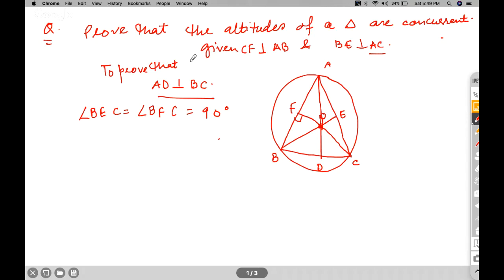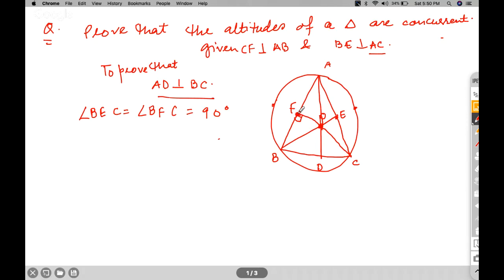Now try to understand, if I draw a triangle like this, it will not be possible until I prove that these points E and F, because they are making 90 degrees, are on the circle.